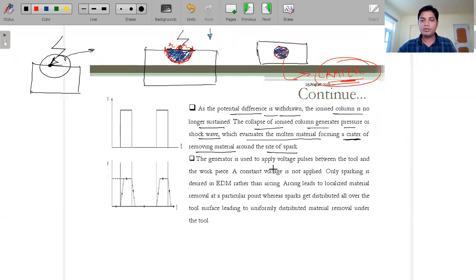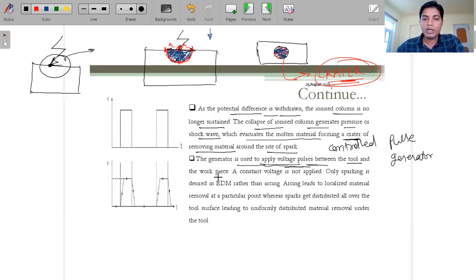Okay guys, next, moving to the second point. The generator is used to apply voltage pulses. As I mentioned, we are using a controlled pulse generator. The generator is used to apply voltage pulses between the tool and the workpiece.